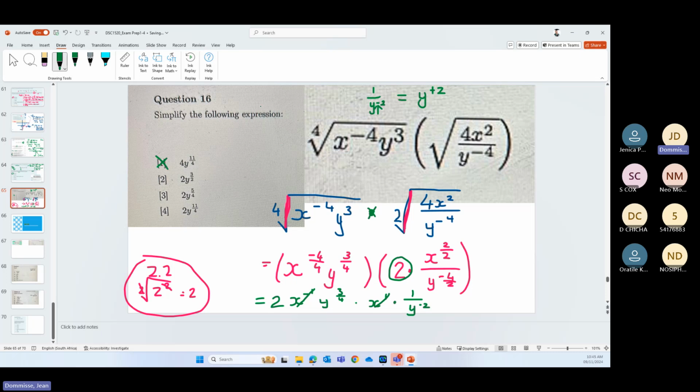Even look at a fraction: if we had that, then it would be plus 1.